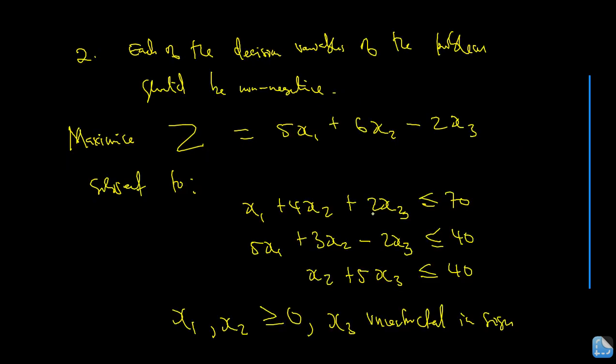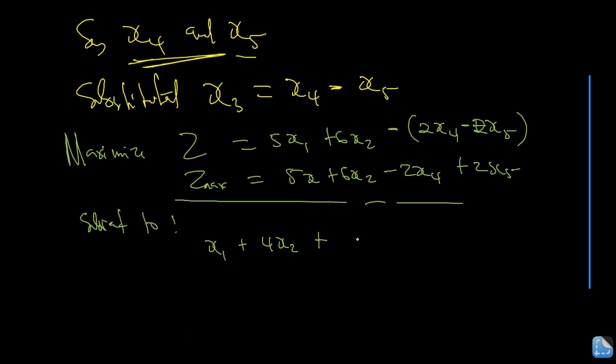Now we are going to get this value, the 2, and say 2x4 minus 2x5 is less than or equal to, what was our value? 70. Less than or equal to 70.